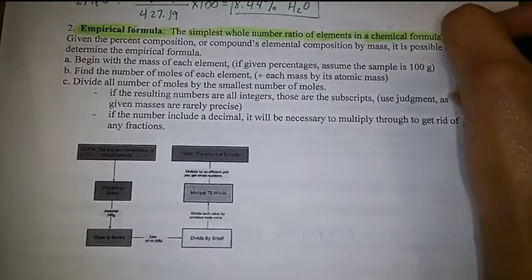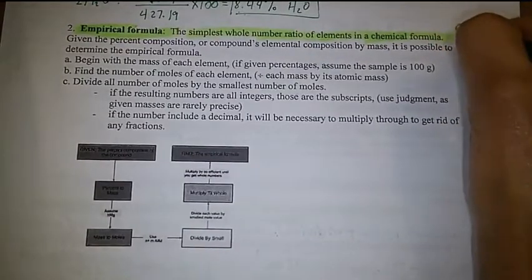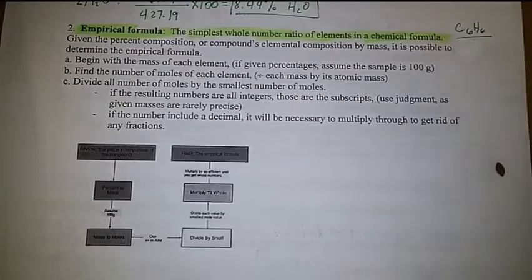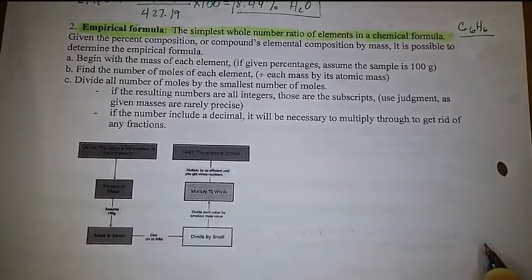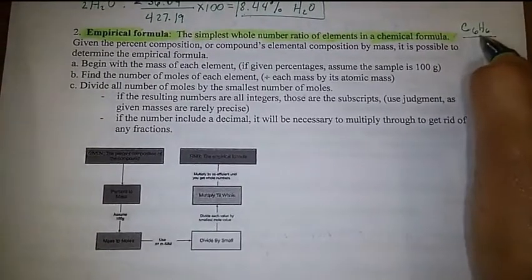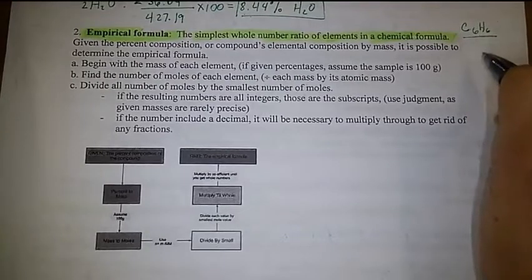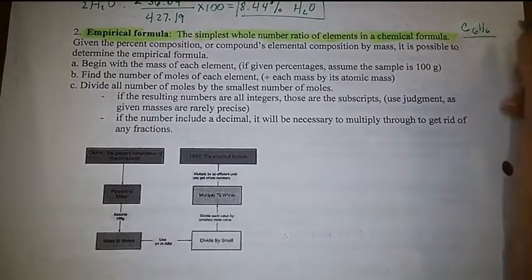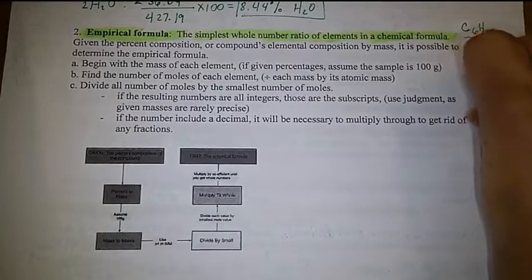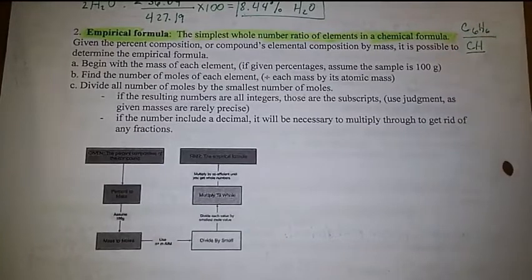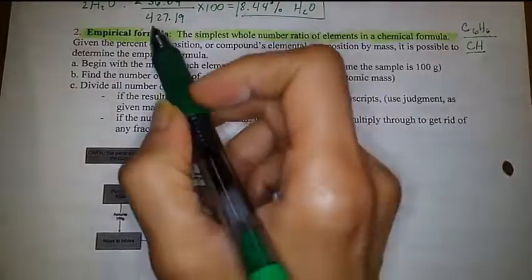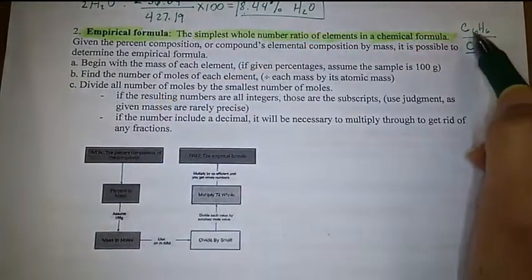If I have benzene, which is C6H6, now benzene is a molecule, but notice that it can be reduced down to another formula. You can reduce the 6 down to CH. This right here, CH, would be the empirical formula for benzene.